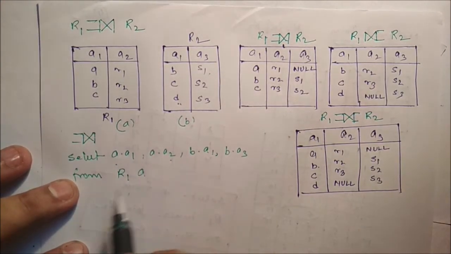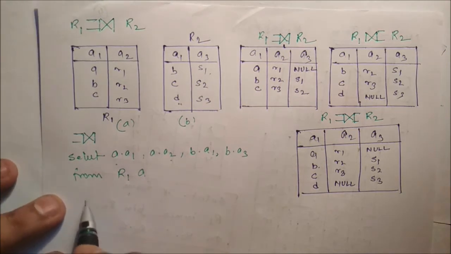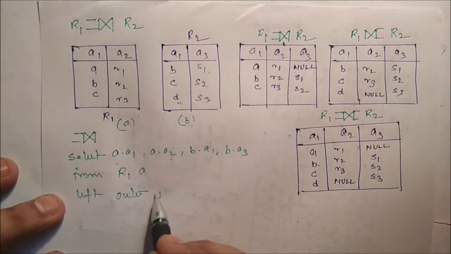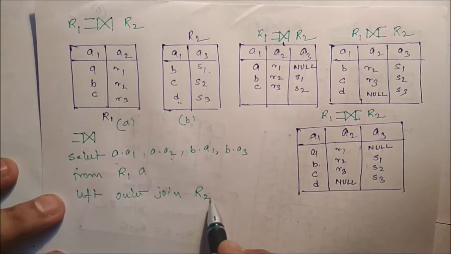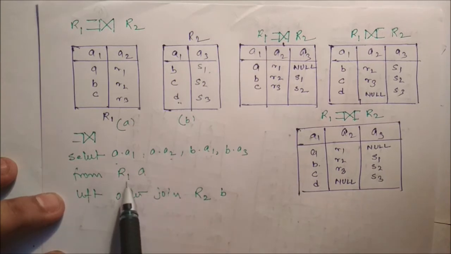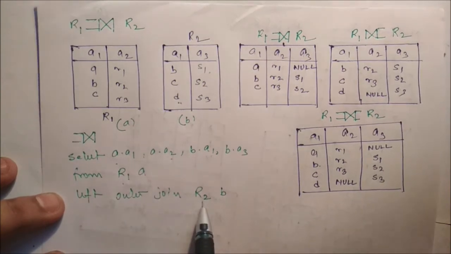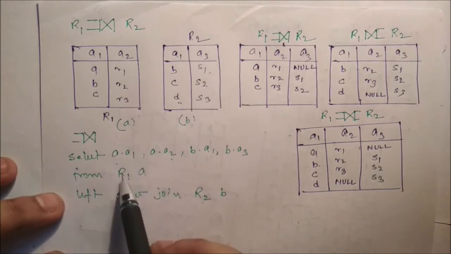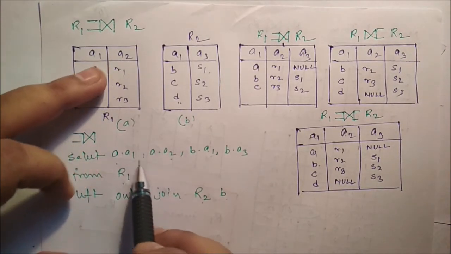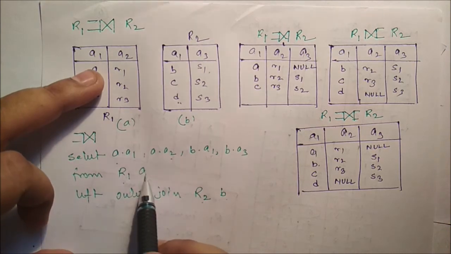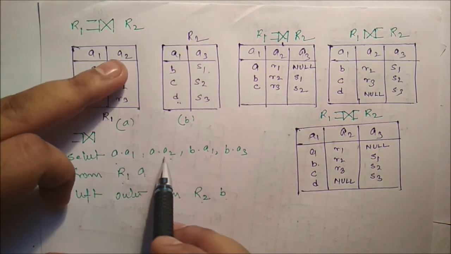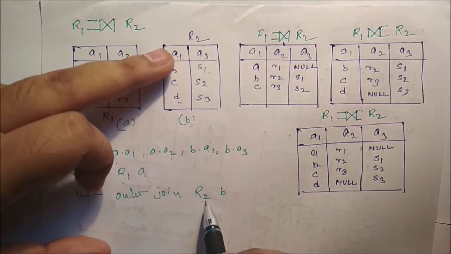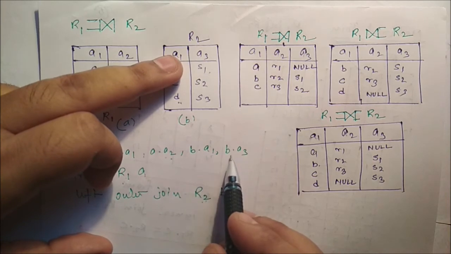So this is nothing but A. Okay, left outer join R2 B. So R1 left outer join R2, where R1 is renamed A and R2 is renamed B. So we need the columns A1 and A2 from R1, so A.A1, A.A2. We need the columns from B also, that is from R2, B.A1 and B.A3.